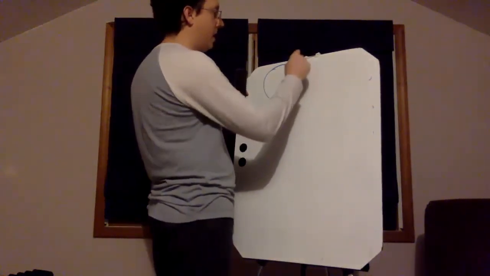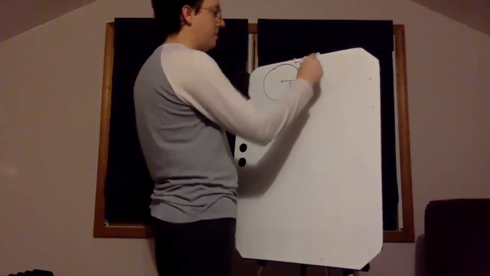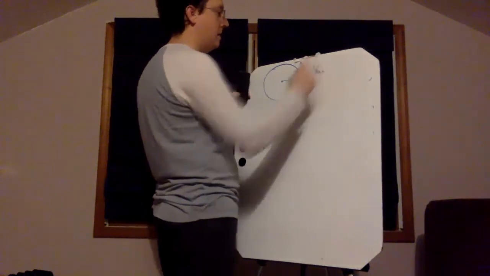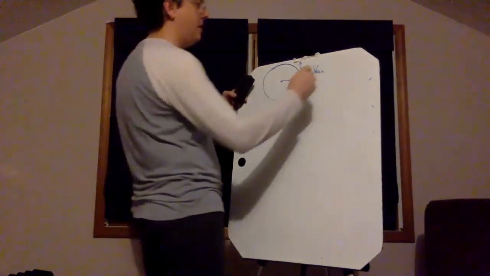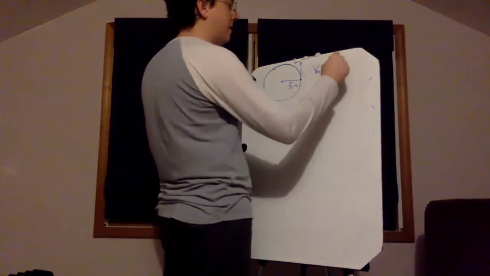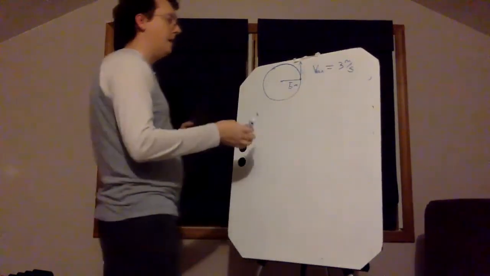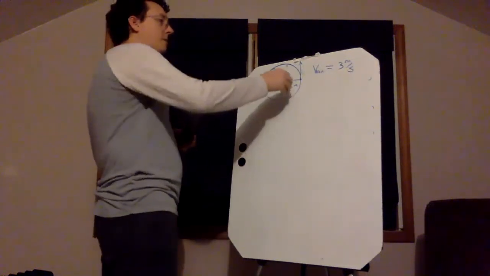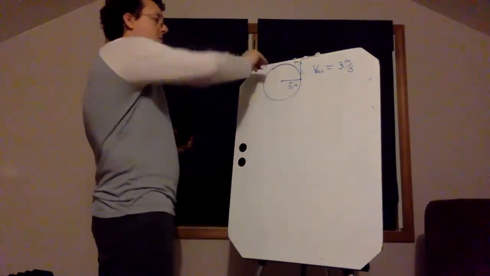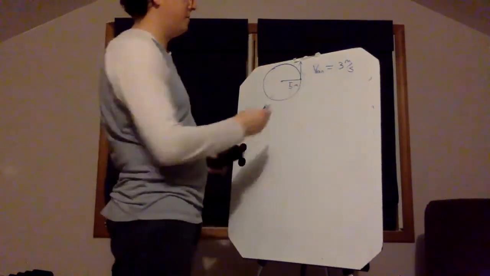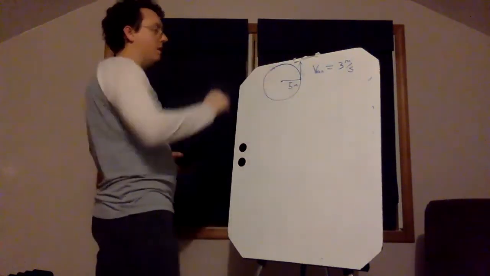Initially, it's moving up with a tangential velocity, let's say 3 meters per second. Okay, so that would mean that every moment in time, as it follows this circle, it's gaining angles. So that's going to mean that omega will be positive because it's rotating counterclockwise.